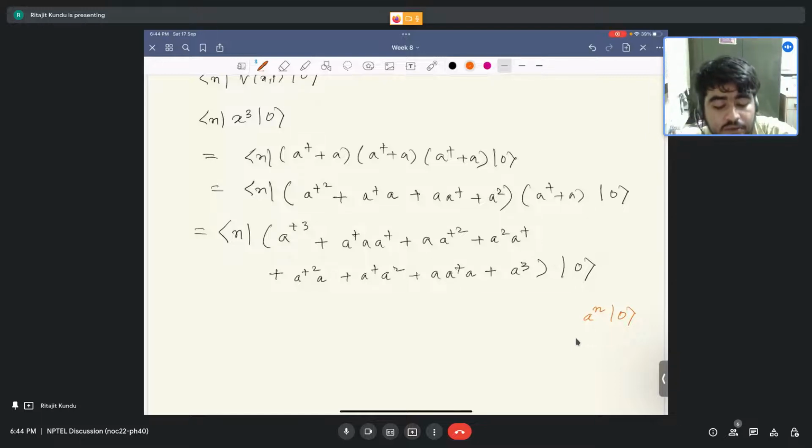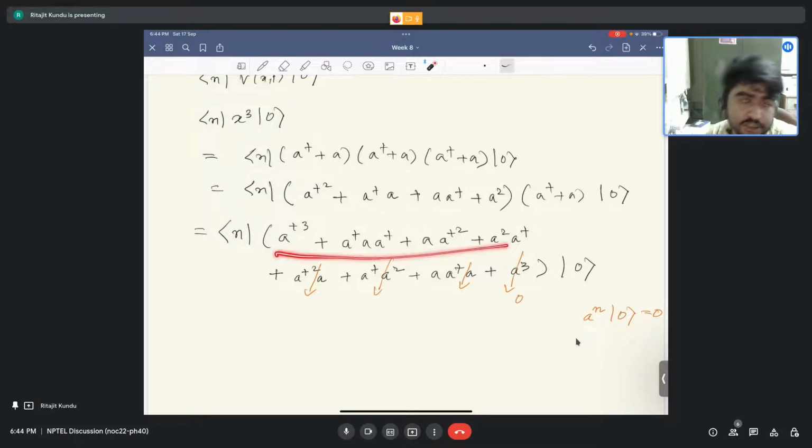So following that reason, this becomes 0, this becomes 0, and this becomes 0, because these terms have an a on the right. But if you look at the other terms, there are no annihilation operators on the right, so they will not be 0. We will have to calculate only these.